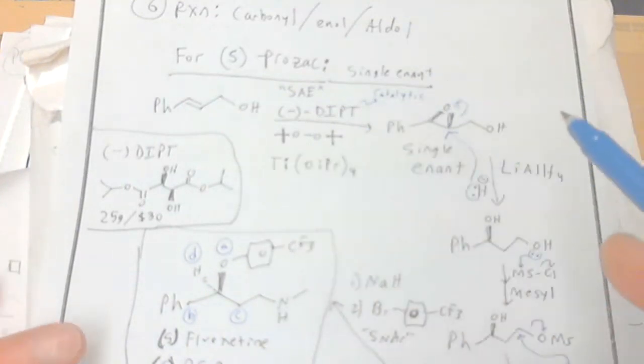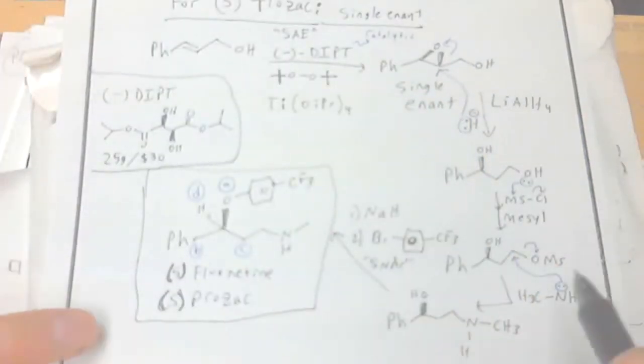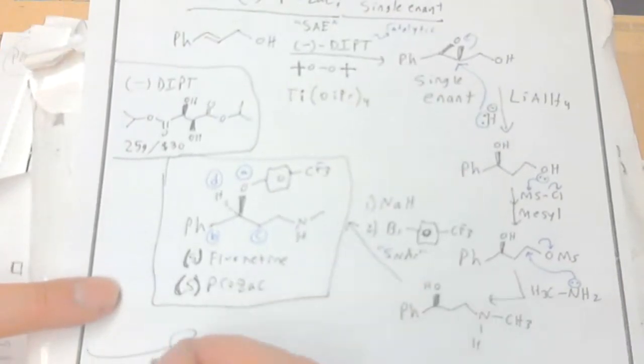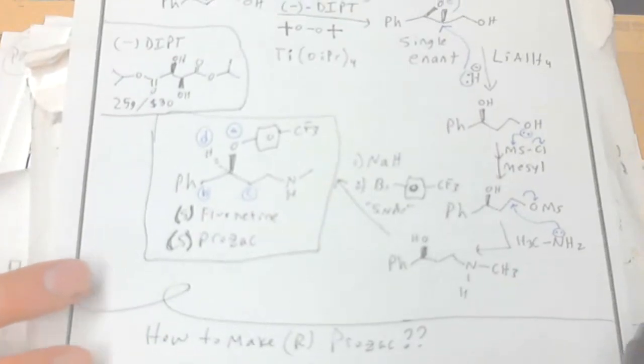Okay, so if we wanted to, we're making S-Prozac. How would we make R-Prozac, which would be the enantiomer? And somebody said, yeah, just use plus DIPT.